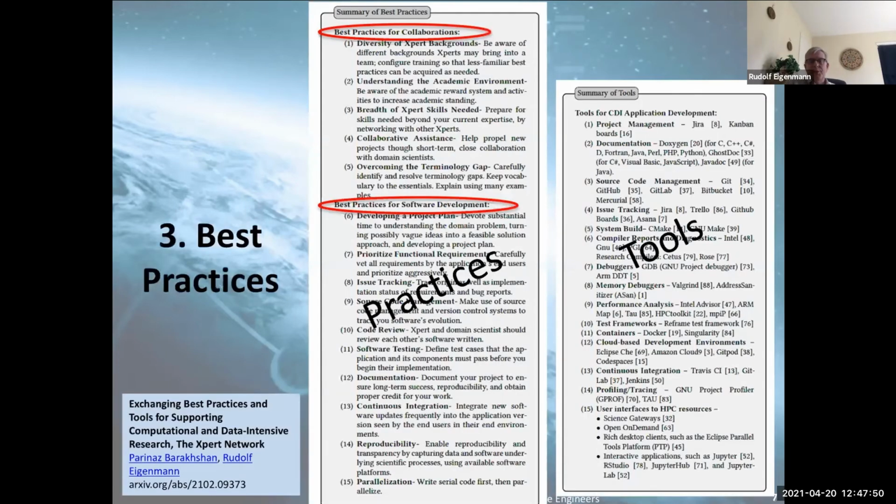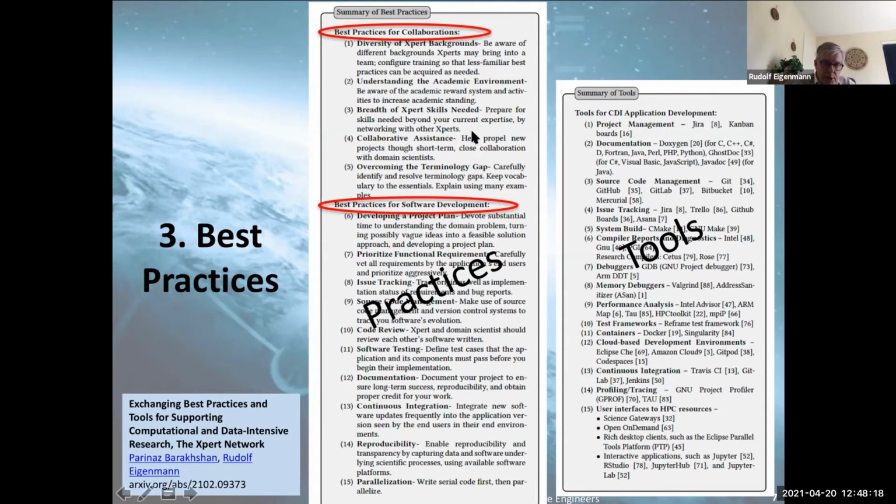So finally, back to the title of this project. I'm not going to go through this entire list, just telling you that out of the activities that we've had so far, the in-person meetings and the webinars, we have put together a paper that summarizes what has been mentioned as the best practices and also the tools that support these best practices.